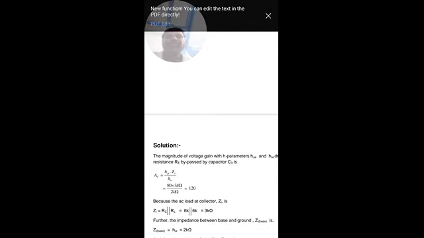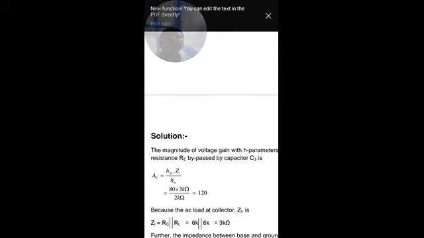But here, in the approximate model, using the formula AI is equal to minus HFE by 1 plus HOE into RL, HOE becomes 0, so the denominator becomes 1, and the current gain is minus HFE.